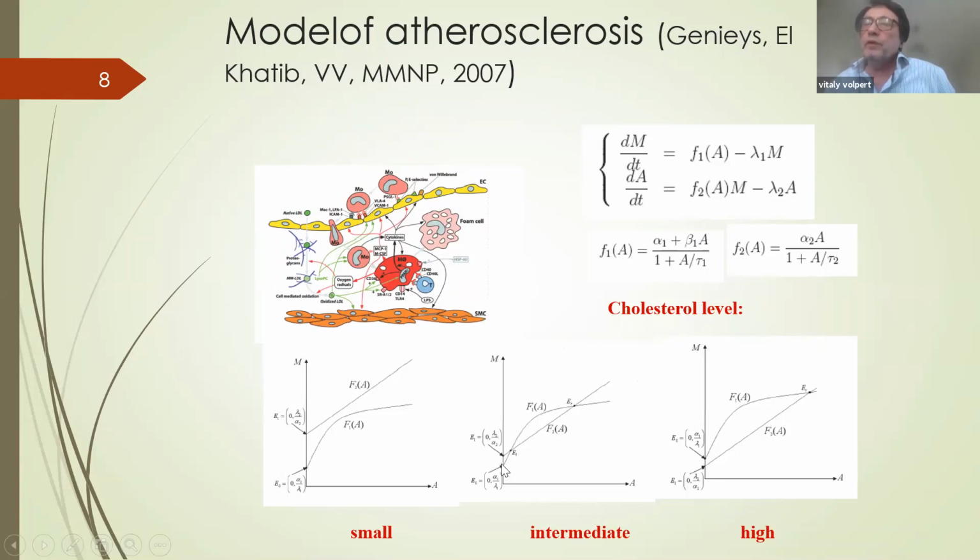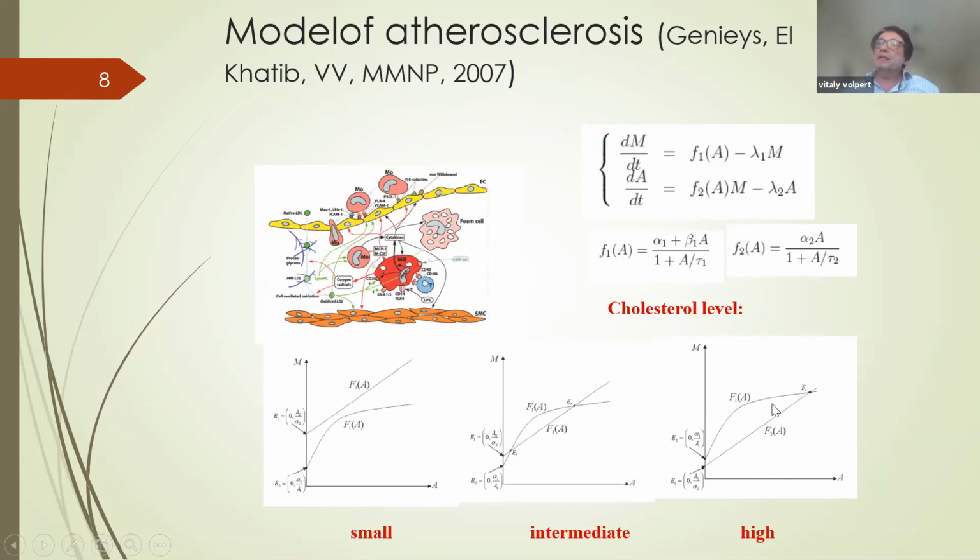As before, the first stationary point is disease-free, no disease, and another stable stationary point corresponds to the disease development. So this is a bistable case. To go from disease-free to disease, the perturbation should be sufficiently large because these two stable points are separated by this unstable point. If the perturbation is small, we will return to the first stable point. If the perturbation is large, then we'll go to the second.